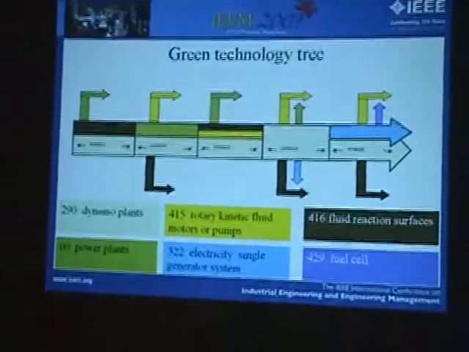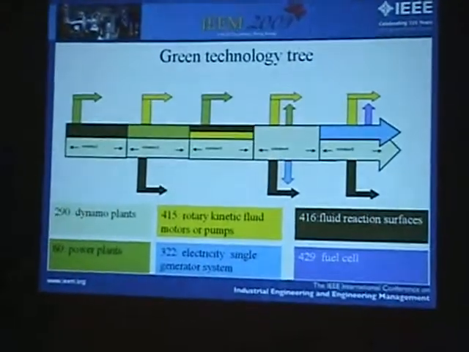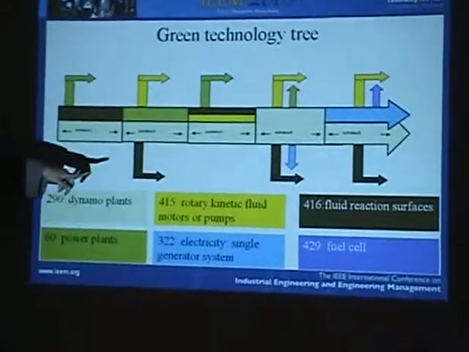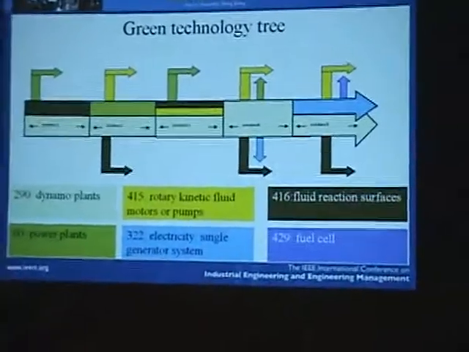So these are the large secondary branches. Coming up are the small branches, which are the newly evolving technologies. Electricity single generator system and fuel cell has been kicking up in the last window, meaning that in the 2000s, fuel cell has been playing an important role in the green energy sector.